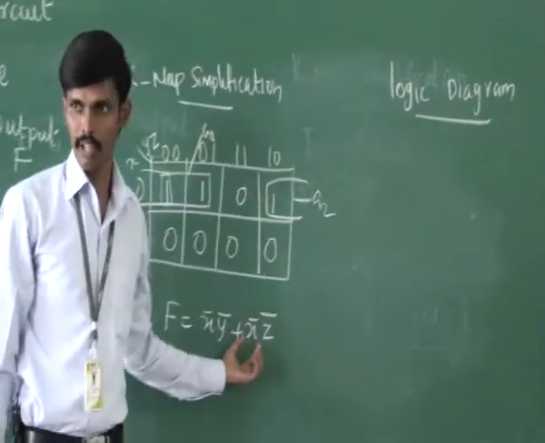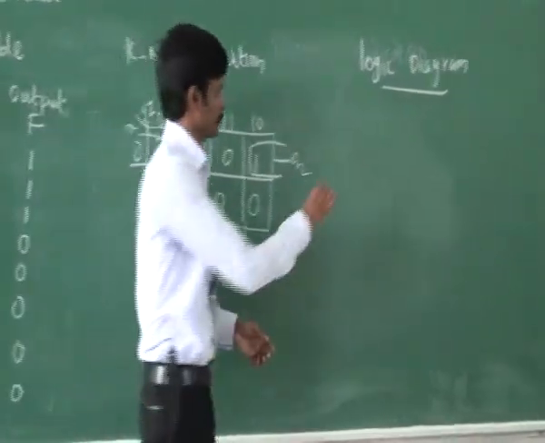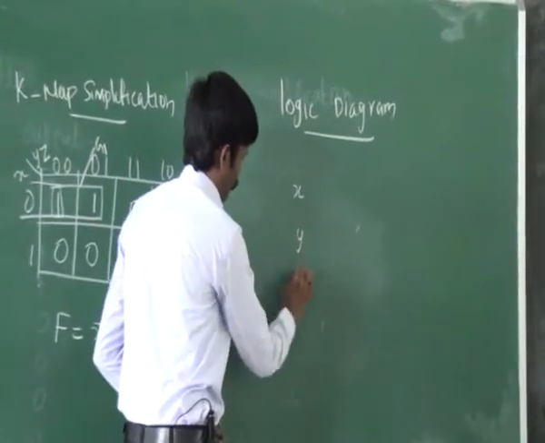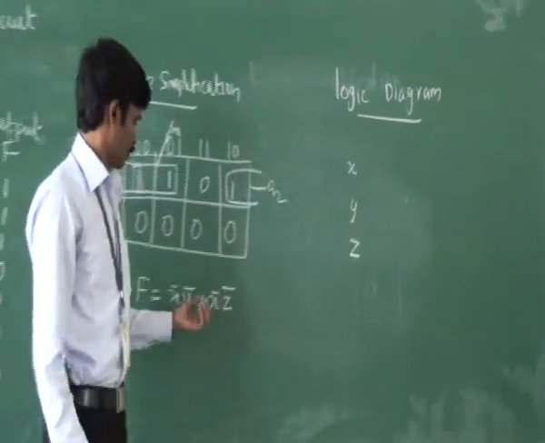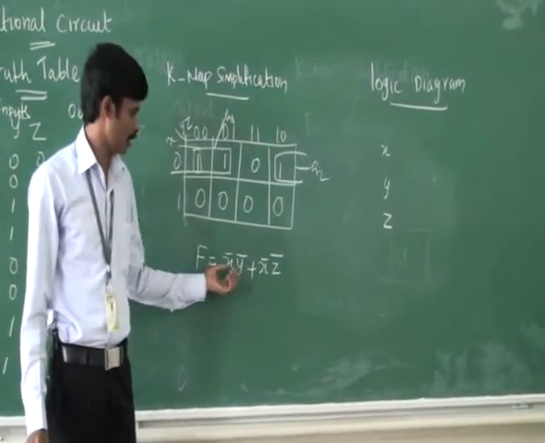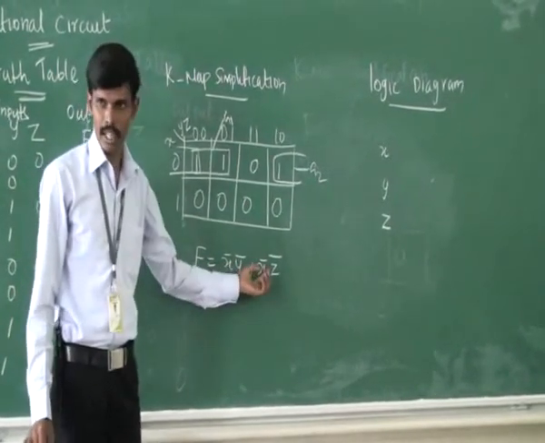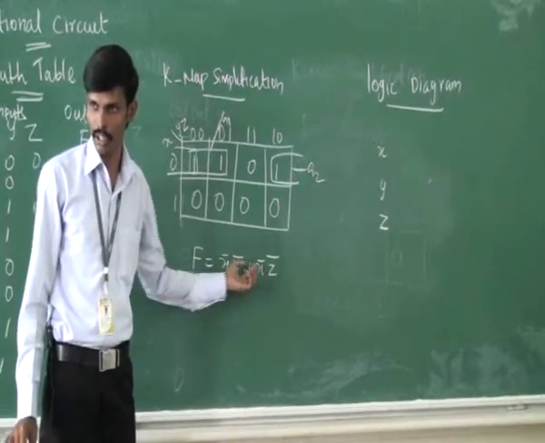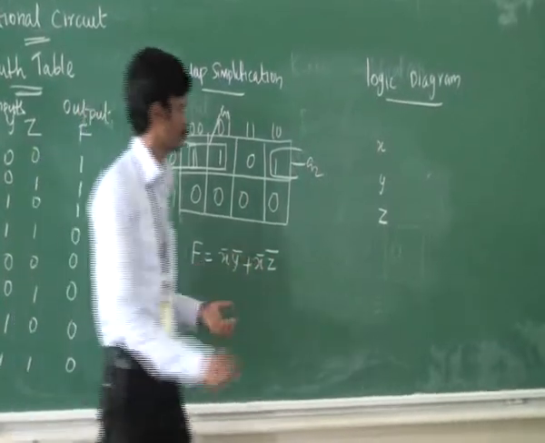We have 3 input variables X, Y, Z. To implement this combinational circuit, we need 2 2-input AND gates, 1 2-input OR gate and 2 inverters.